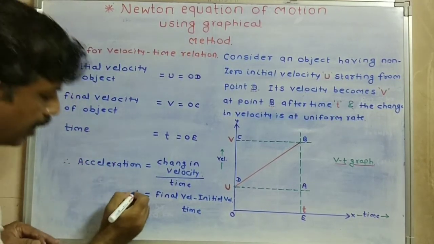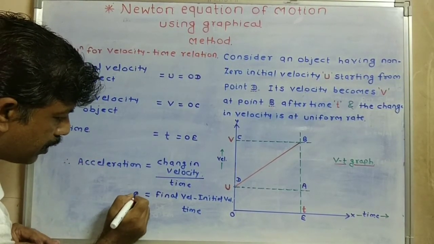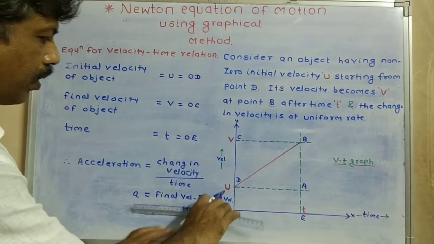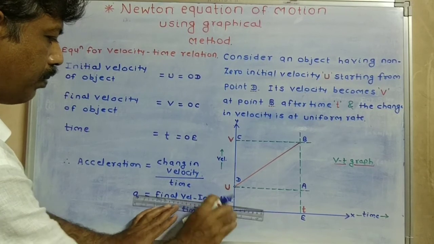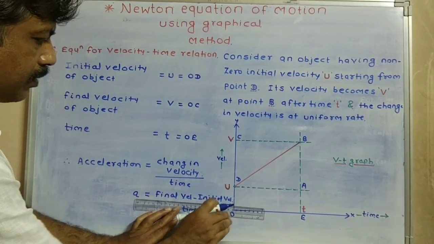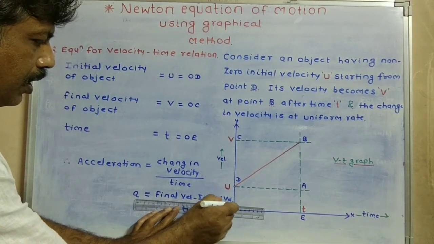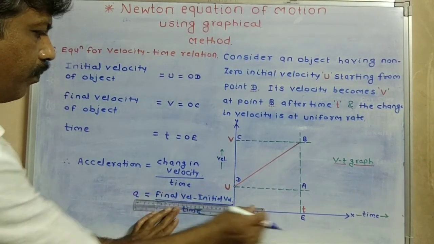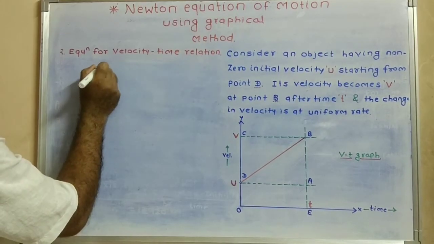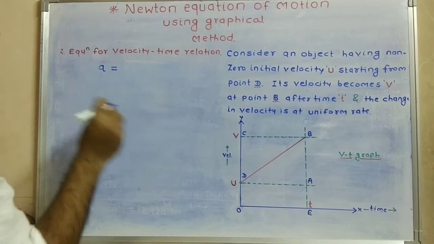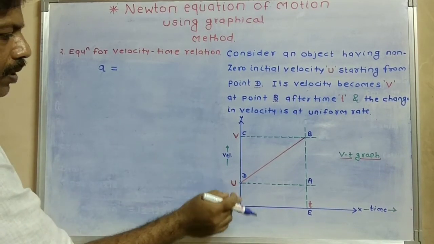Now acceleration can be written by the small letter a. Therefore, we have the formula for acceleration: a = (final velocity − initial velocity) / time.